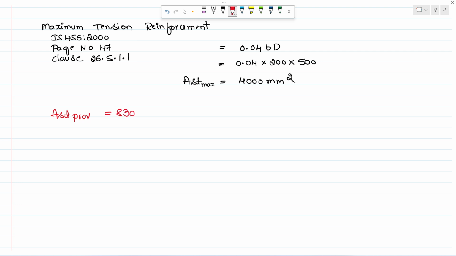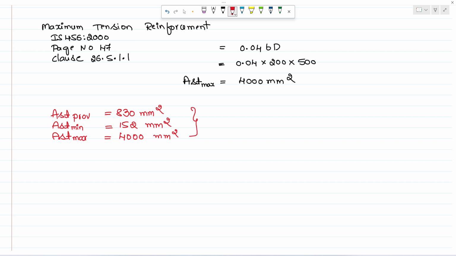It is 830 mm square. Again you have AST minimum. Your minimum requirement is, I think it is 152 mm square. And AST max it is 4000 mm square.